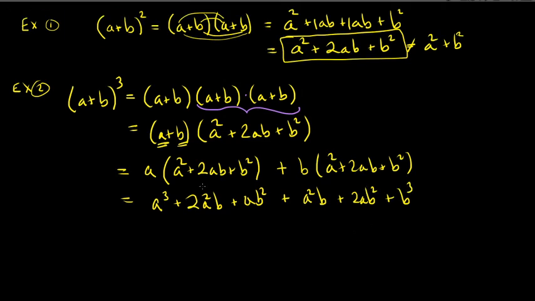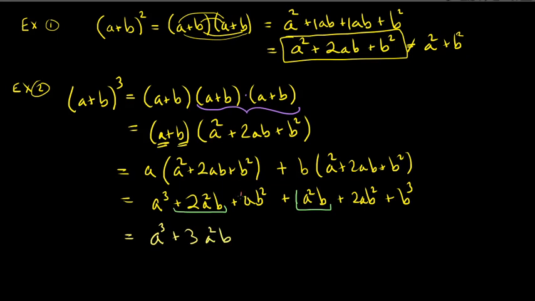So you get kind of a mess here, but you also get some like terms. We have 2a squared b plus 1a squared b, and that's going to be 3a squared b. So this is a cubed plus 3a squared times b.